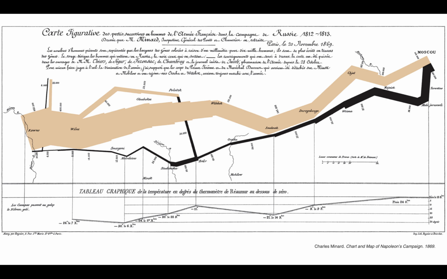So here's an example of how line is used to share information. This is a look at the campaign of Napoleon and how his team was going from one location to another.